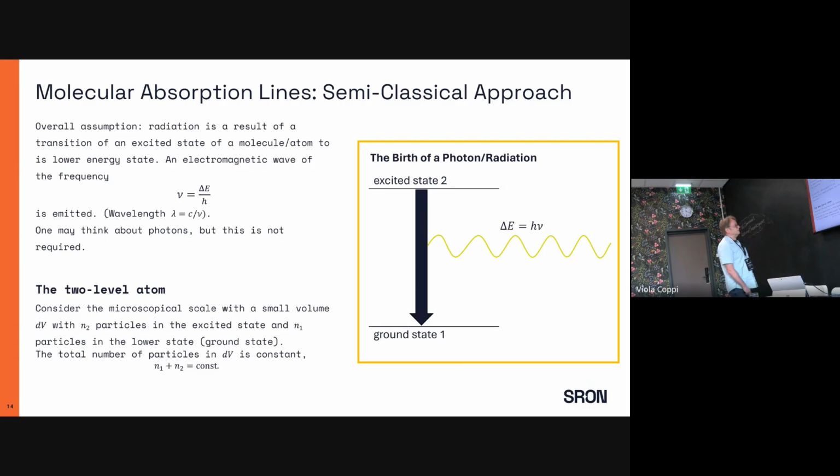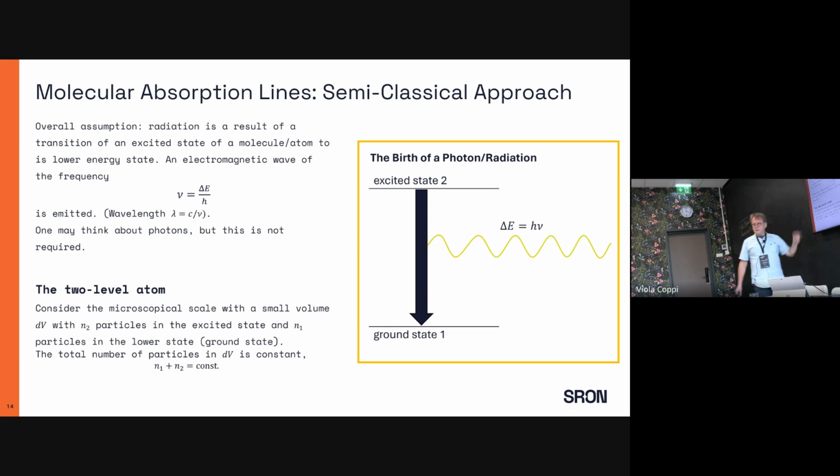That's a bit of a straightforward picture. Einstein came up with the relation that the energy difference can be translated into frequency with h nu, and we can even calculate the wavelength of the emitter. That's straightforward standard physics.